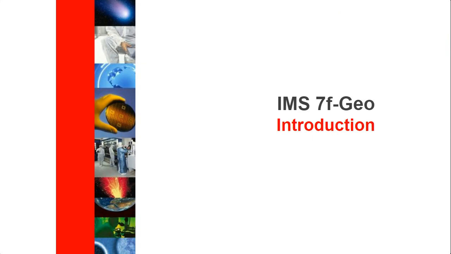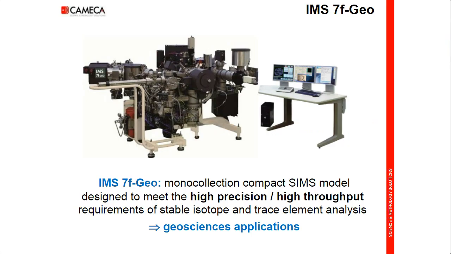A brief introduction to the IMS 7f-GEO instrumentation. The IMS 7f-GEO is a monocollection compact SIMS model which has been designed to meet the high precision, high throughput requirements of stable isotope and trace element analysis for the geosciences community.